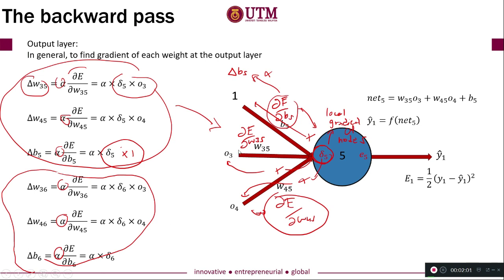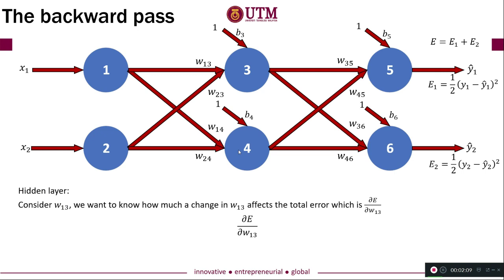So now let's continue to the adjacent layer, which is the hidden layer. We already identified the updaters of this one, this one, this one, this one, this one, and this one. Now we want to find the updater of the parameters, doesn't matter whether W or B, involved in the hidden layer, which consists of two neurons, neuron 3 and neuron 4.